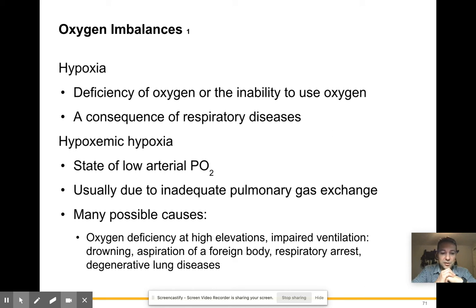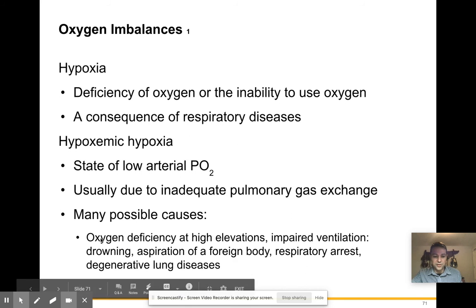So hypoxemic hypoxia is when you have low arterial oxygen, when your arteries are lacking in oxygen. This is usually due to inadequate pulmonary gas exchange, which means the gases in your lungs are not being exchanged. When you inhale, the oxygen that gets into your alveoli is not getting exchanged for carbon dioxide for some reason. What are those reasons?